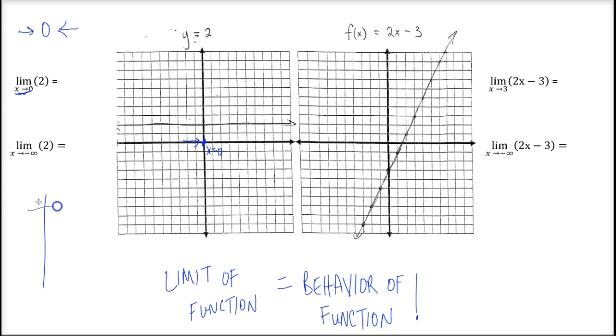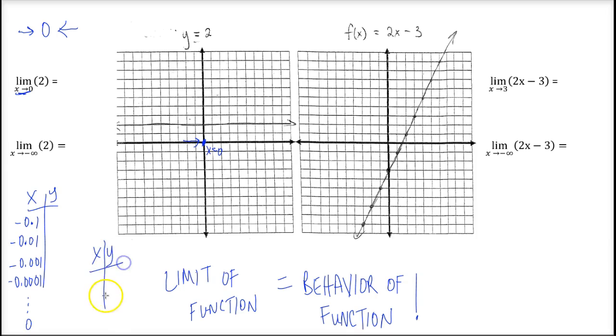If we were looking at this on a t-chart, we would ask: what is the y value when x is negative 0.1? And then, what is the y value when x is negative 0.01? And then what is it when x is negative 0.001? Do you see how we get closer and closer to 0 coming from the left side?